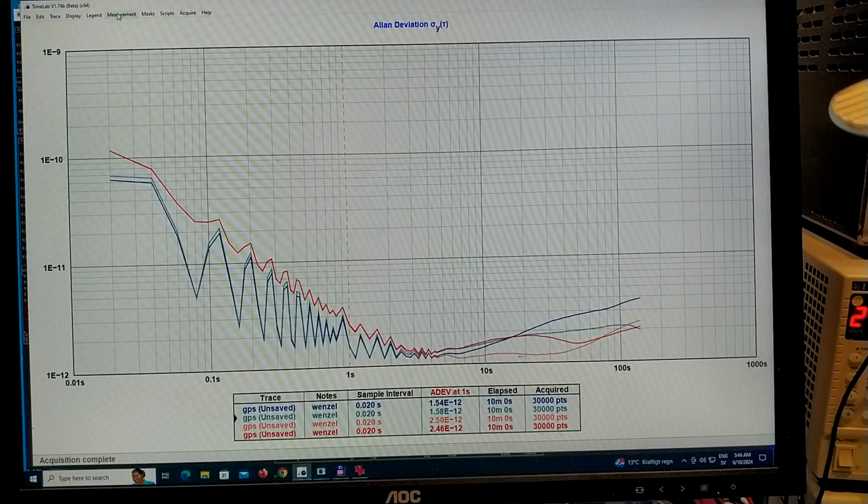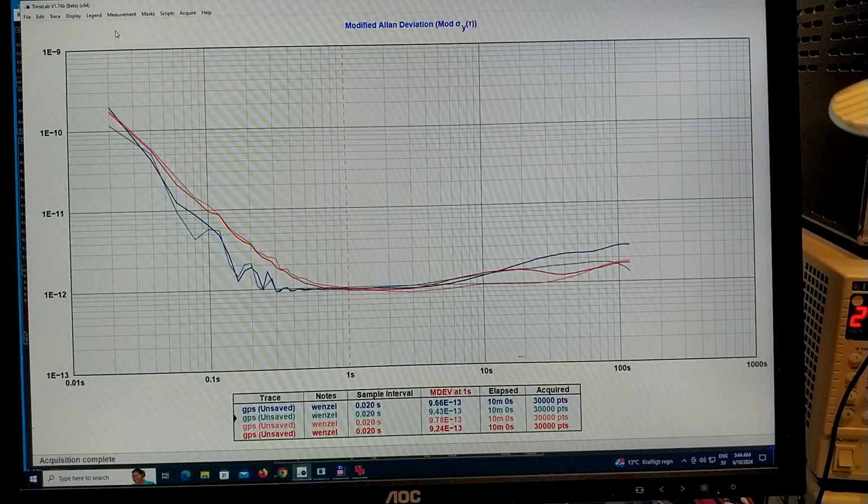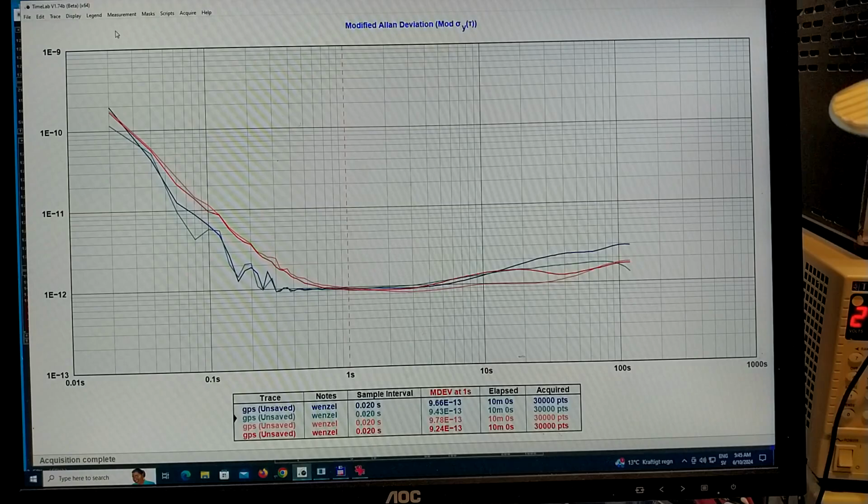I can now change to look at modified Allan deviation. It is said that one can see the difference between the flat noise floor and noise that decreases when the distance from the carrier is increased. Well, there is not much conclusion I can draw from this.